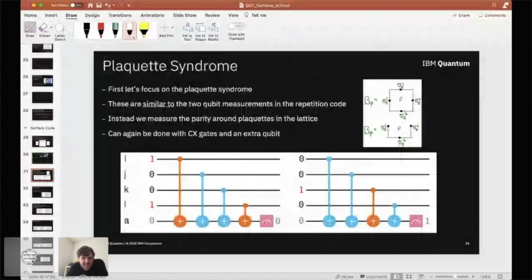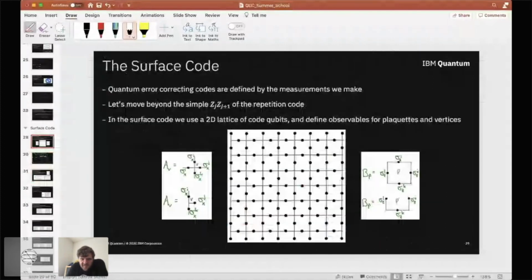So for the surface codes, these are what the observables look like. We have a grid of qubits. All of these things on here are qubits. This is a square lattice of qubits. And we associate with each plaquette, so each square on the lattice, a type of syndrome measurement that we're going to make.